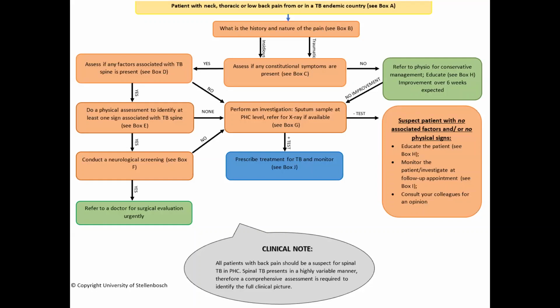When they say no, whether it was insidious or a traumatic injury, you would refer them to the physio for conservative management. And here it is very important to educate your patient on what to monitor themselves for. If there is an improvement over the 6 weeks, which you would expect, that is wonderful, but you need to get your patient to understand that if there are any changes in their condition, they need to report back to you immediately.